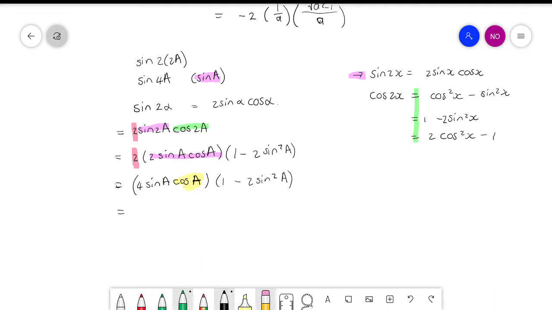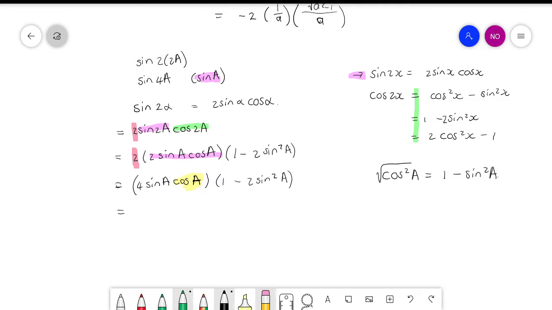The one that they use is where they say, do you agree with that identity? Cos squared of an angle is equal to 1 minus sin squared of an angle.